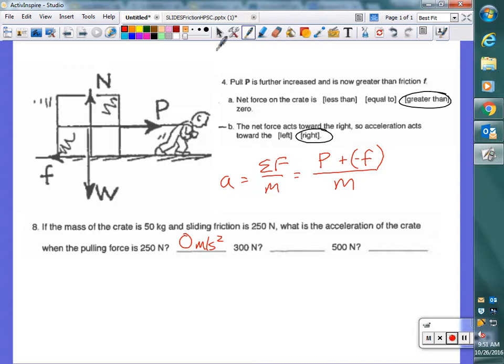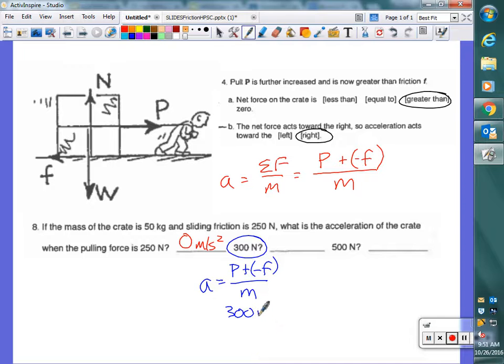But for this problem, now it tells us that the pulling force is 300. So we have A is equal to P plus negative F over M. 300 goes here, but the sliding friction is only 250.